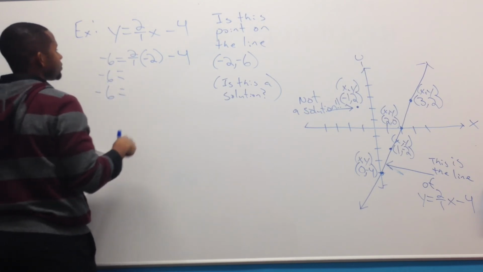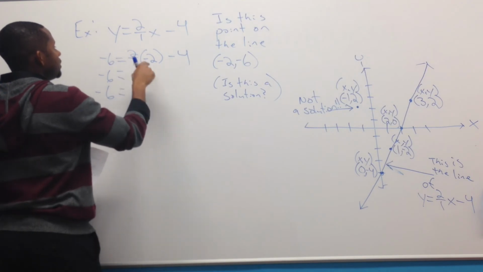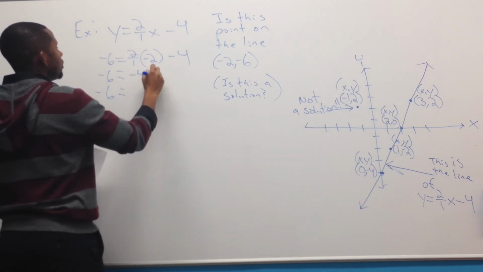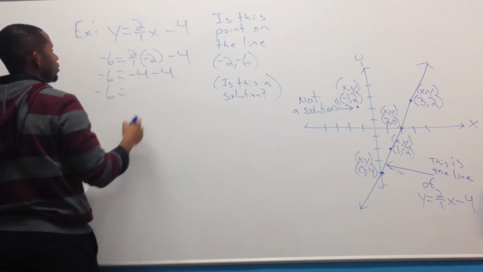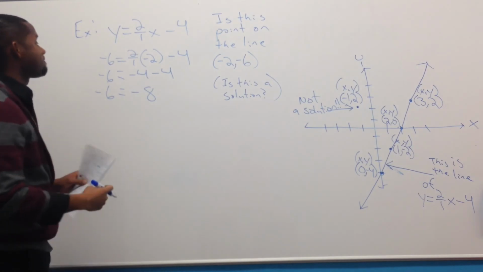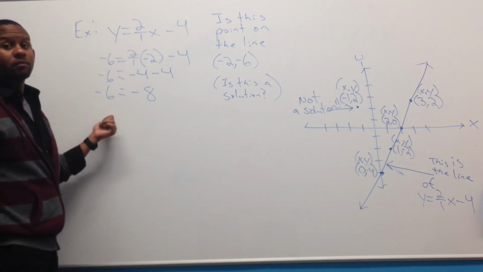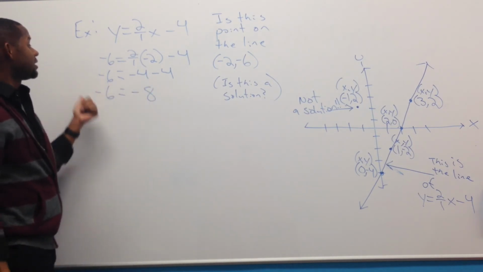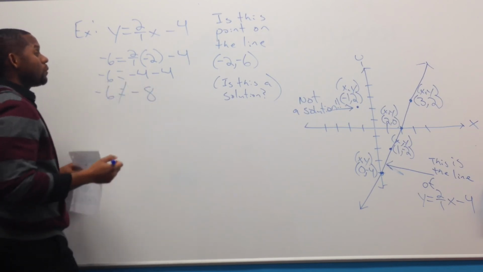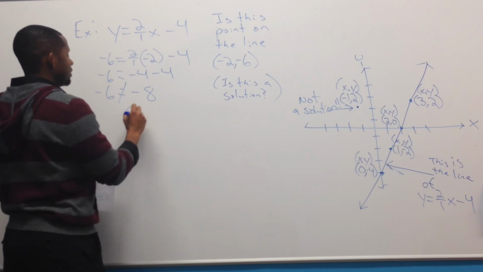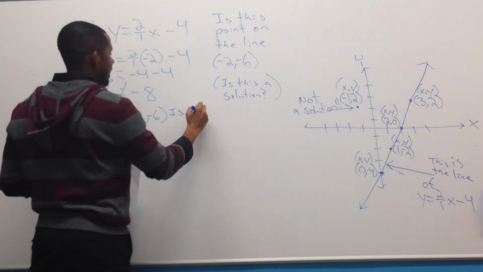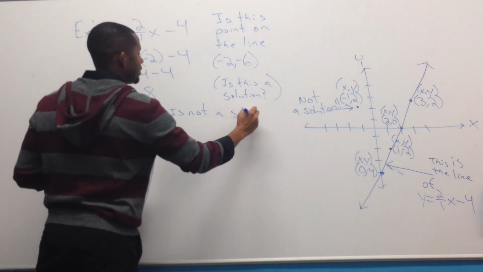Here, 2 times -2 is -4, so I end up with -4 minus 4. -4 minus 4 is -8. Is this a solution? Is this equation true? Is -6 equal to -8? No. So that means -2, -6 is not a solution.